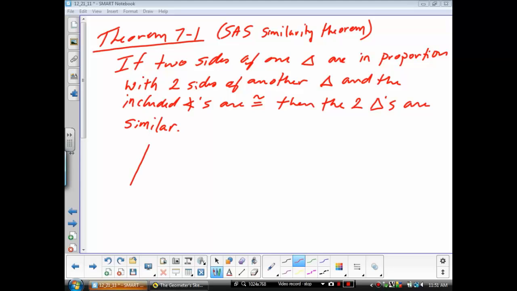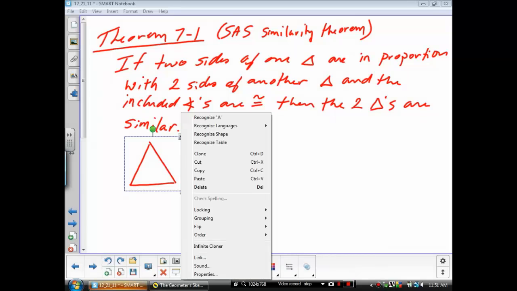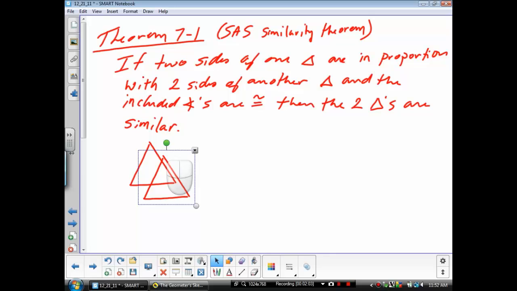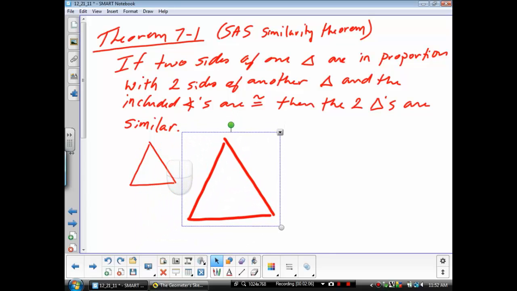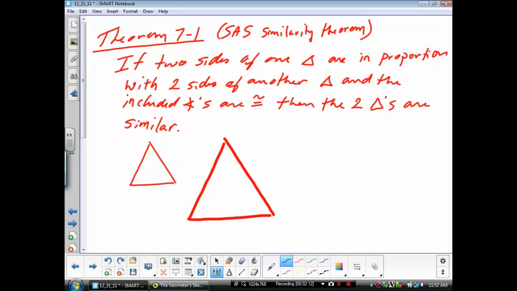So what we are going to have are two triangles, and because I have this nice little clone property, I'm going to use it. So we have triangles ABC and DEF.